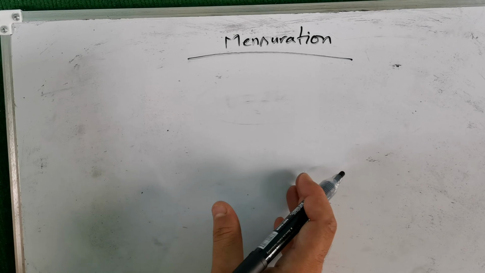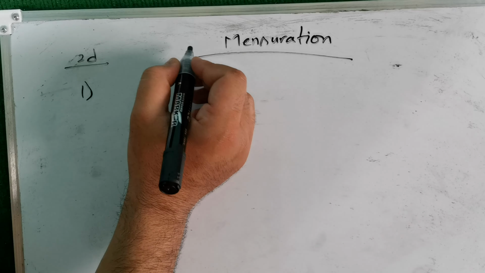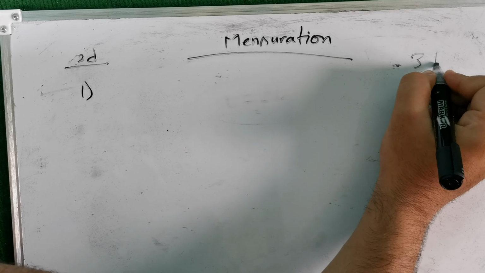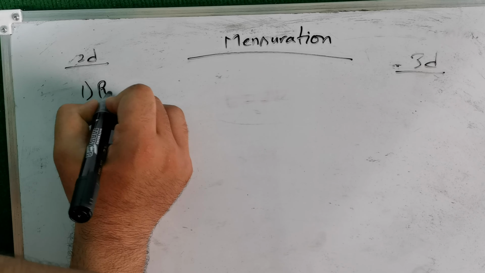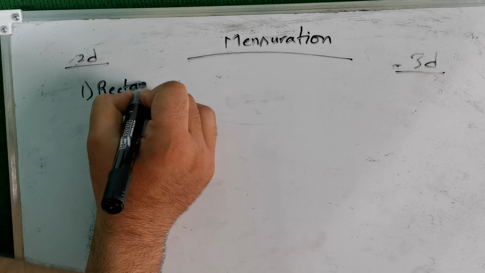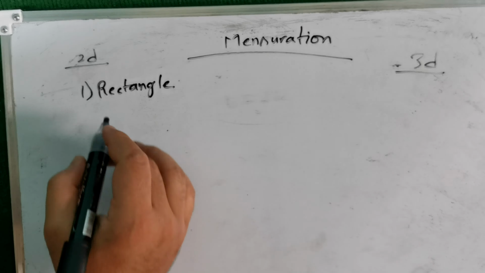So mensuration is this. And now there are 2D version and 3D version. Rectangle is 2D version. The 3D version of rectangle is cuboid.